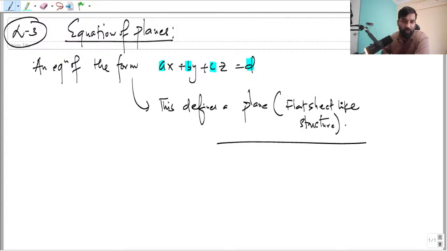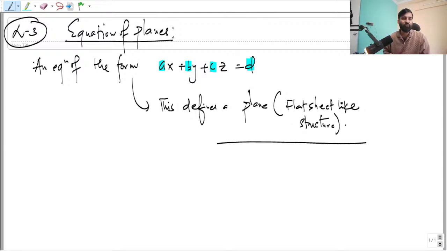We are studying multivariable, which means n-dimensional, n number of variables, yes, but we will be restricting ourselves to 2 or 3 variables only, so that we can realize it manually.